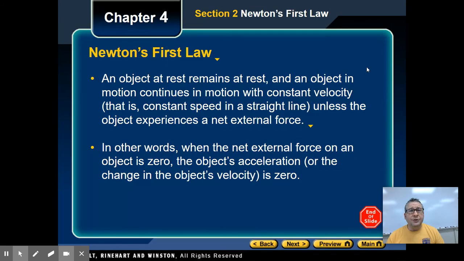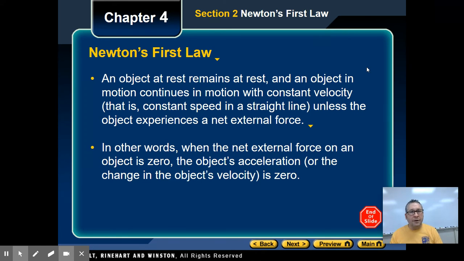Anyway, Newton's first law states that an object at rest remains at rest, and an object in motion continues in motion with constant velocity, that is, constant speed in a straight line, unless that object experiences a net external force. So going back to the middle school days, object at rest stays at rest, and object in motion stays in motion.